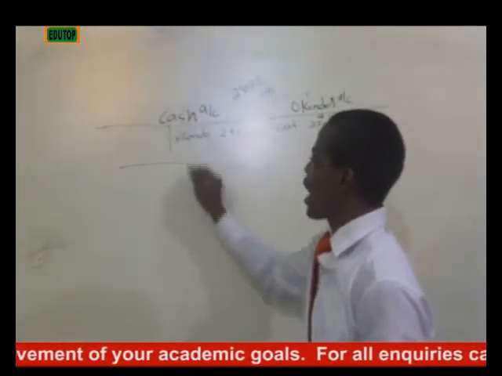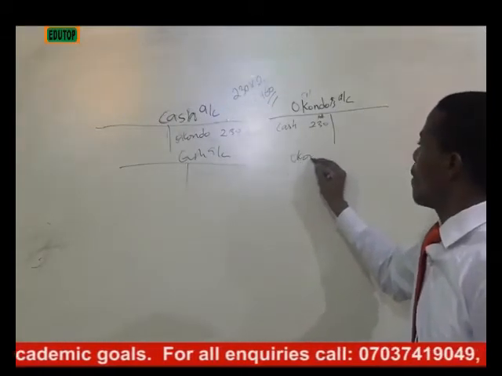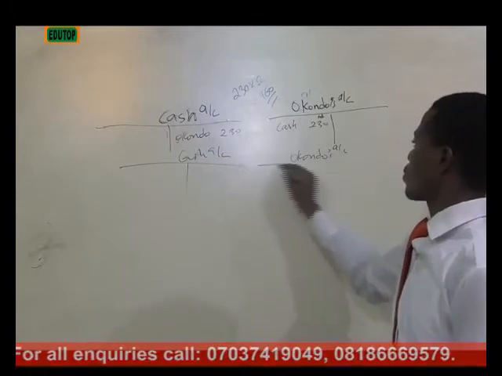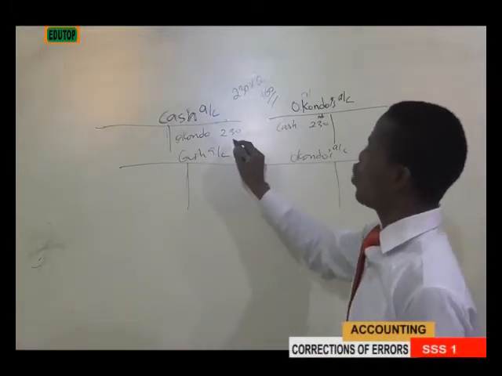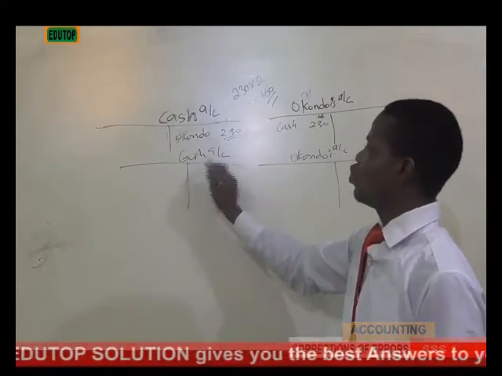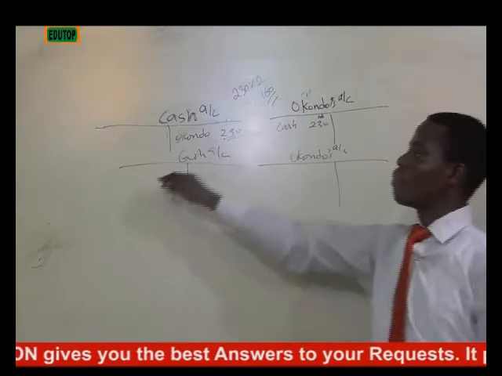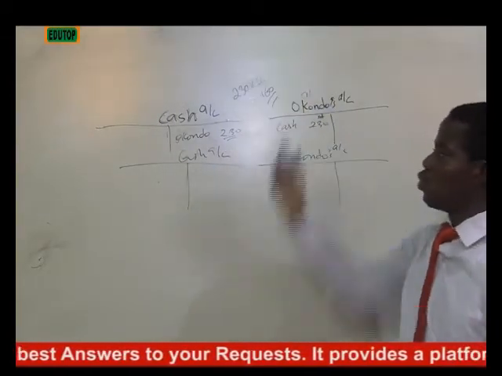Let's correct the error. Cash, Okondo account, because you can't write 230 here again because it is completely reversed, so it has to be multiplied by 2.